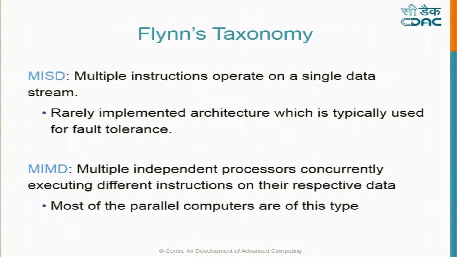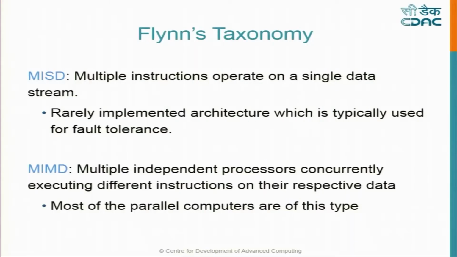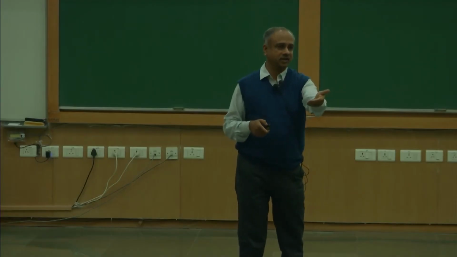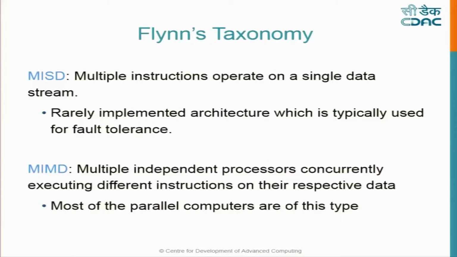There are some systems that take crucial decisions, like a nuclear reactor control, or in a railway yard, where you want to decide how the signals will be generated. If you want fault tolerance, meaning 2 computers working on the same data, and if their results match, you say that the result is correct. So where you need redundancy, where you need fault tolerance, such systems are used, but not commonly.